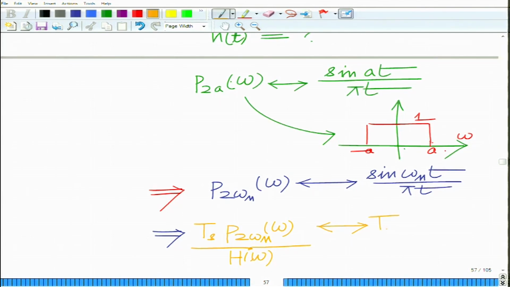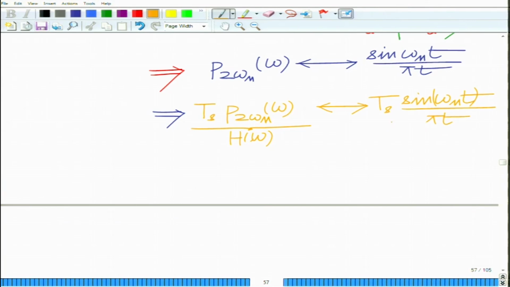So, you multiply on the left by Ts, you multiply on the right also by Ts, since the Fourier transform is linear. This is the impulse response of the ideal LPF required for reconstruction.